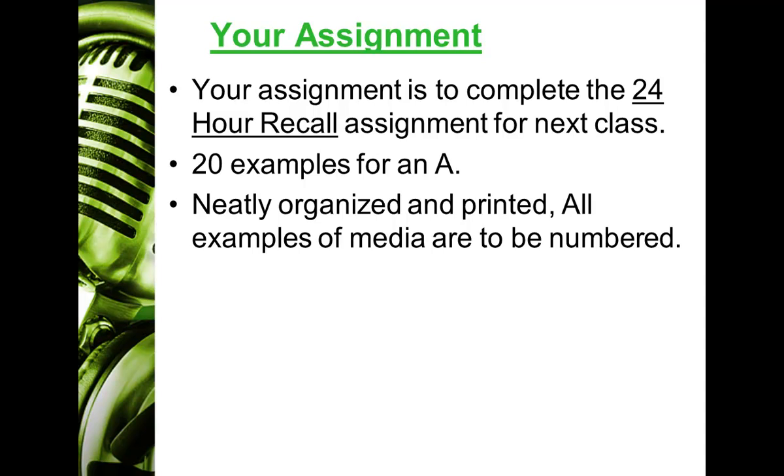So for example, our first media would simply be talking, and while that's not a technology, we're going to accept it for this assignment. So you'd simply type number 1, talking, and then identify does that happen at home, at school, other places, or all three. Once you use that, you cannot use that again.